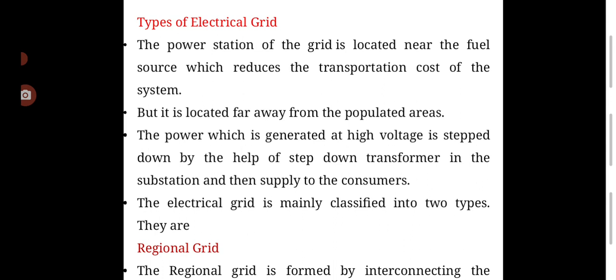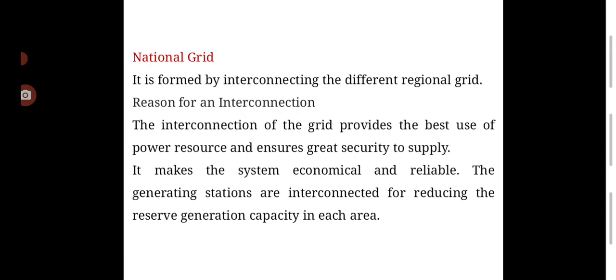The electrical grid is mainly classified into two types. A regional grid is formed by interconnecting the systems, and the national grid is formed by interconnecting different regional grids. Reason for interconnection: the interconnection of the grid provides the best use of the power resource and energy security to the supply.